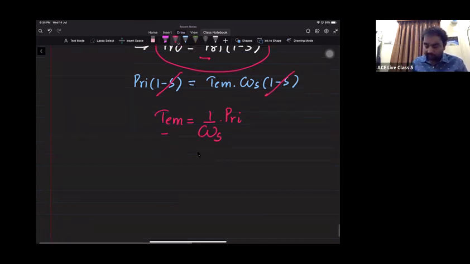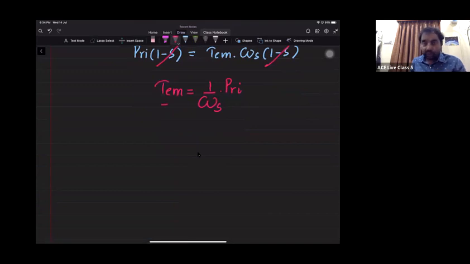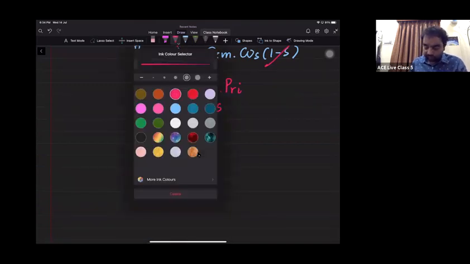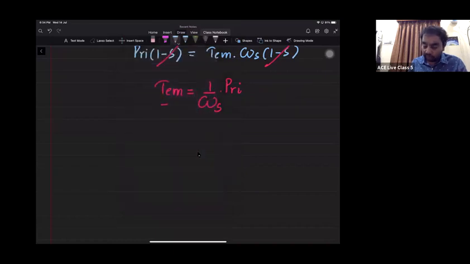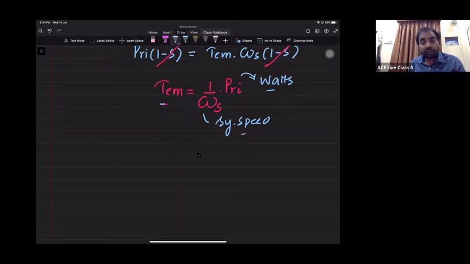Right. Done. Now, what is the observation you can see from this? This electromagnetic torque depends upon two parameters. What are those two parameters? The rotor power input in watts at synchronous speed. As electromagnetic torque depends upon the rotor input in watts at synchronous speed, that is the reason we can represent this electromagnetic torque in synchronous watts also.